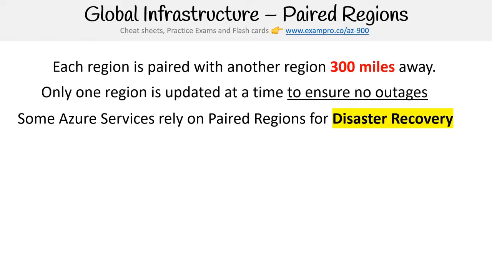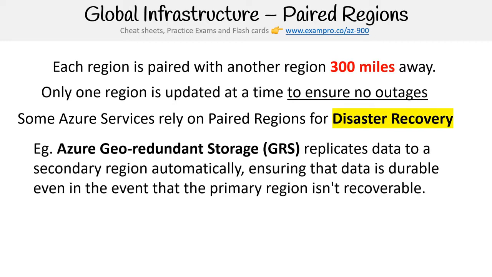Some Azure services rely on paired regions for disaster recovery. So when you turn those services on, they're automatically going to launch in that paired region. One service which would help you leverage your paired region is Azure Geo-Redundant Storage. It's a feature of storage. It replicates your data to a secondary region automatically, ensuring that the data is durable even in the event that the primary region isn't recoverable.